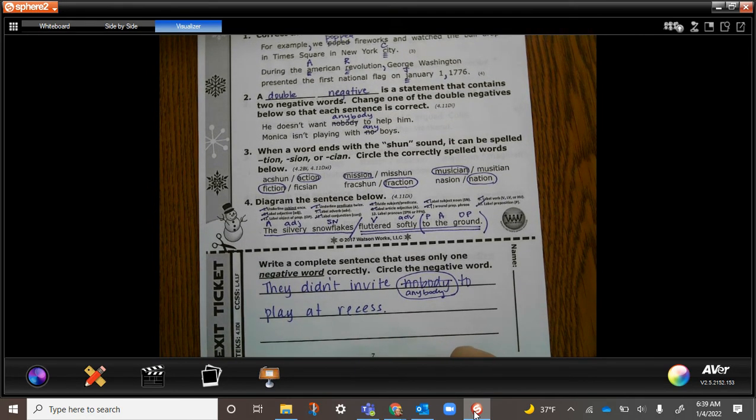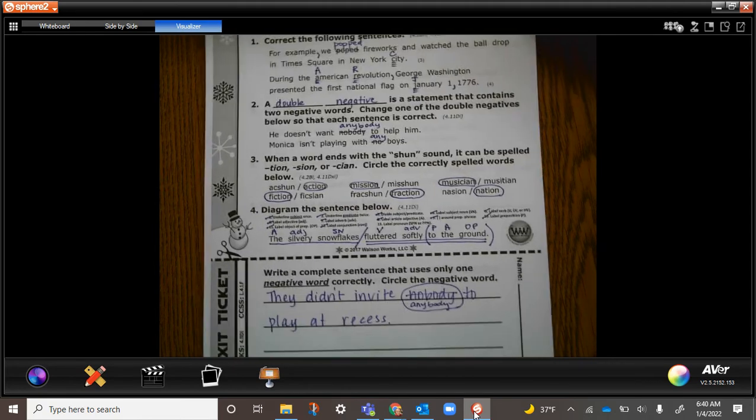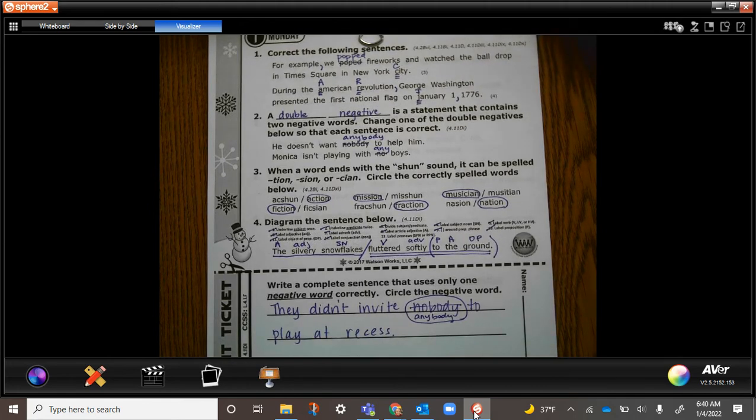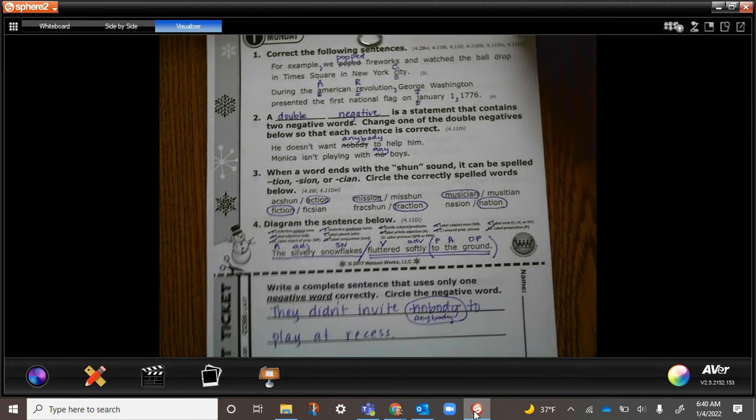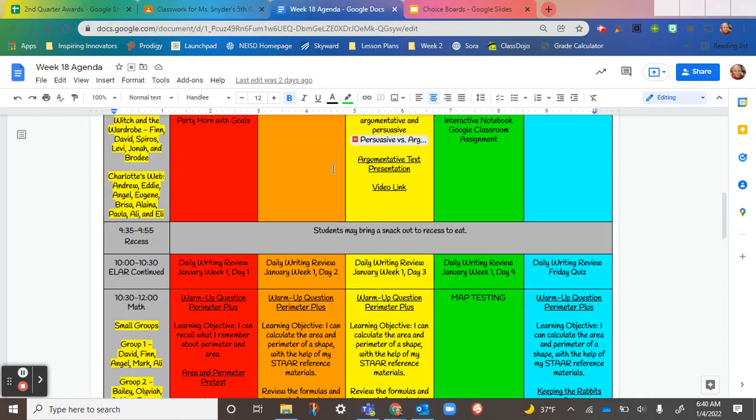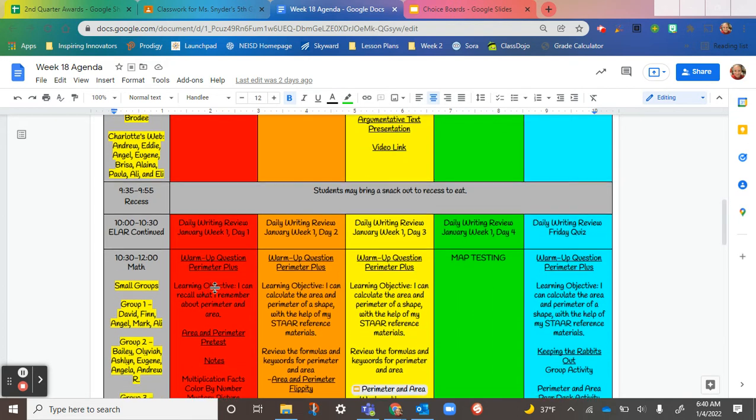And then here's an example of using it again in a sentence with the they didn't want anybody to play at recess. So there's that. So once you get your page, you can go back to this video and write that down. And then we had some extra time, so we finished our party horns after that.